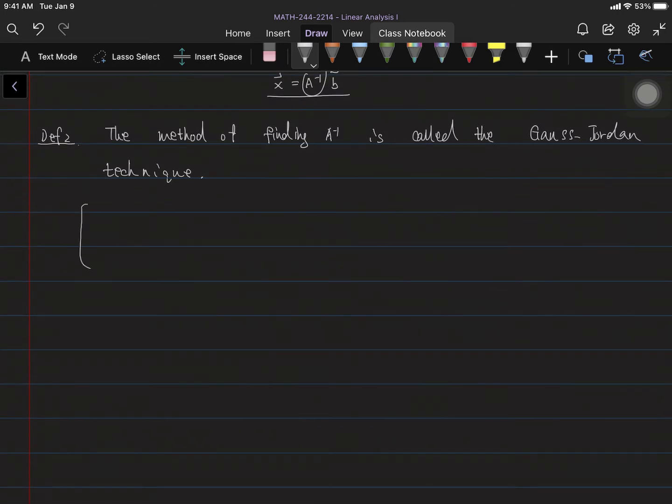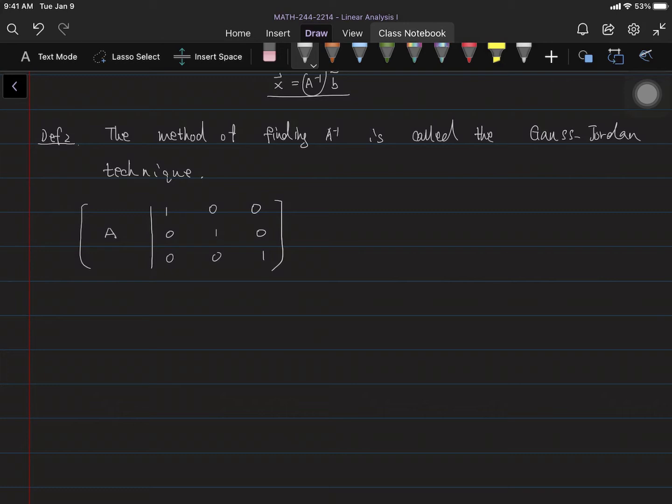We put matrix A on the left side and put an identity matrix on the right. If A is 3 by 3, we put a 3 by 3 identity matrix.